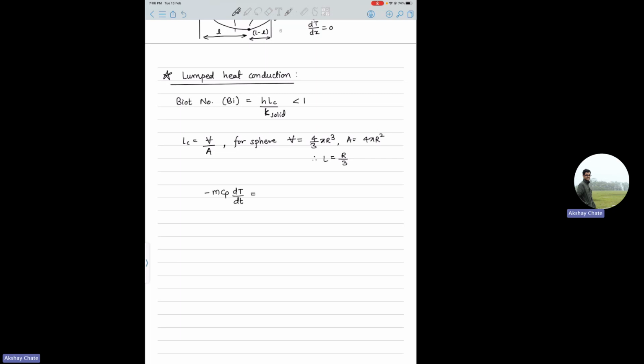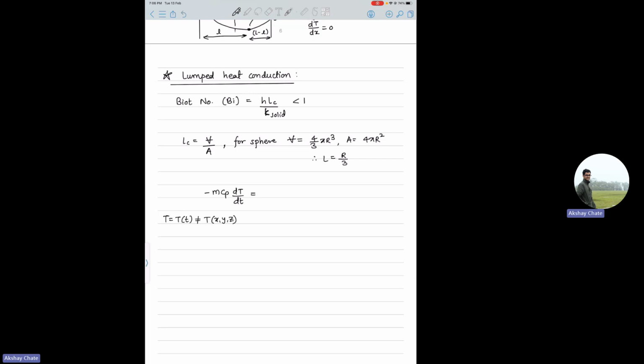Since you assume the Biot number to be small, the internal conduction resistance of the body is negligible compared to the convection resistance, and you assume the whole body at some temperature T. So T is only a function of time, not a function of x, y, or z.